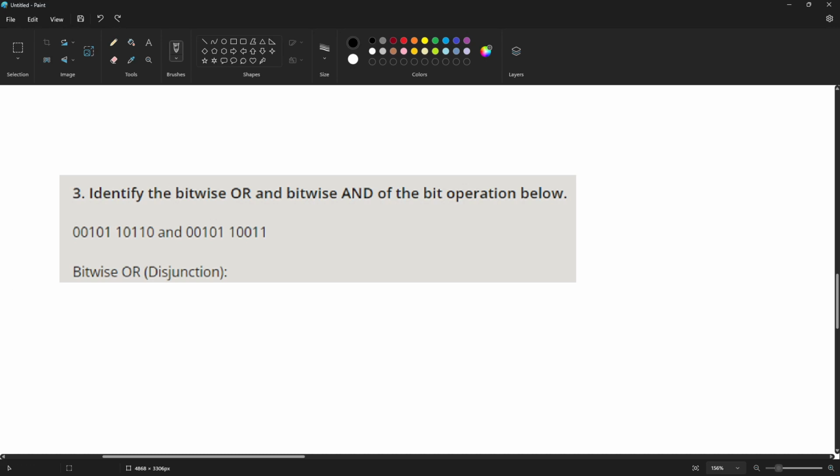For bitwise OR, which is a disjunction, this is done by having the first bit on the left side and the first bit on the right side be pairs. Therefore, it is read as 0 or 1, since this is a disjunction. Same goes for the second bit up to the fifth bit. Then, you should come up with this answer.